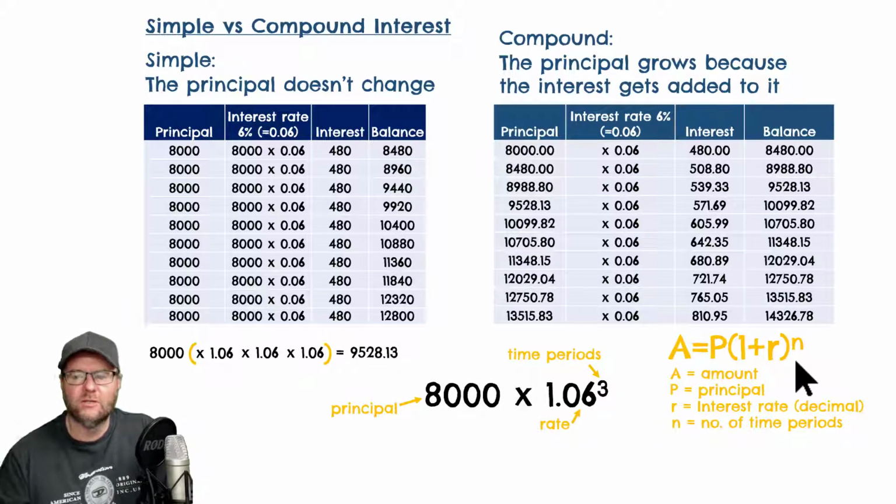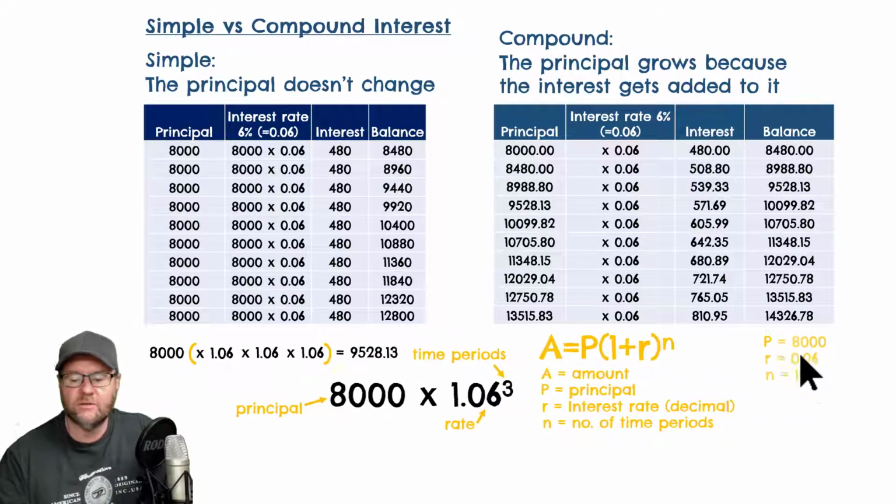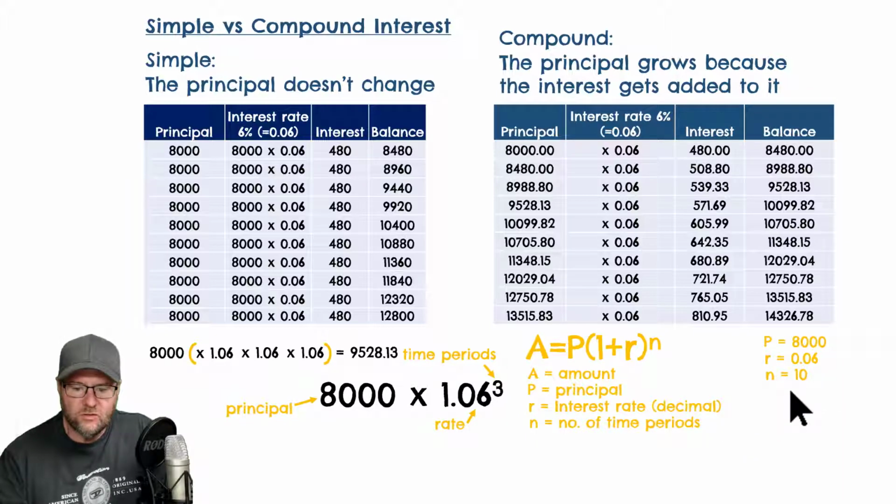It's a formula we can use to work out how much something will grow to if it's compounding over a certain number of time periods. Let's try this and put in the values for our 10th year. Can we get to this value here, this 14,326? Our principal was 8,000, our rate of interest was 6%, and it was over 10 years, over 10 time periods.